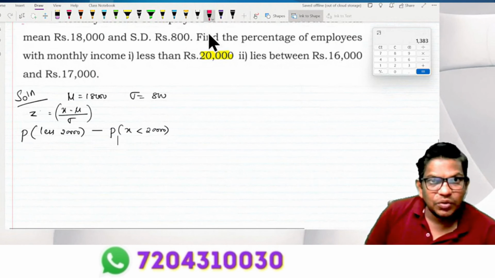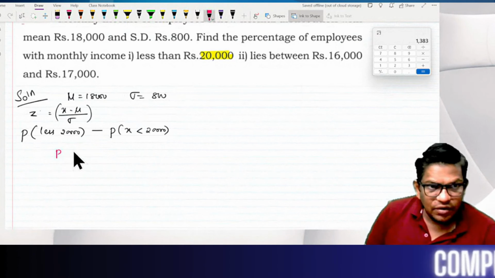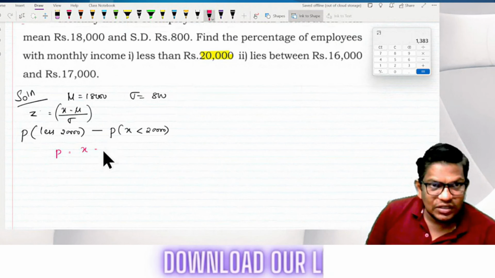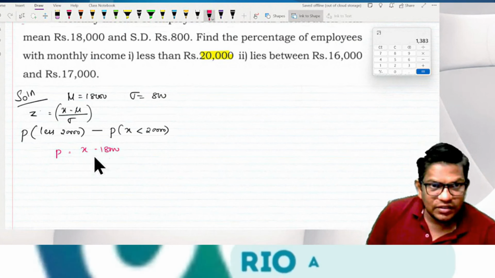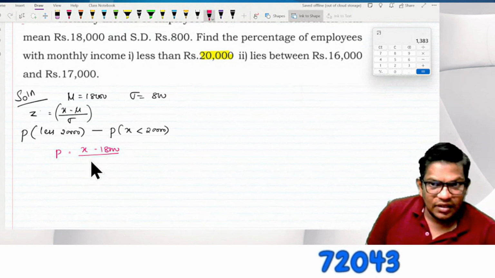Tell me, this is X we have, correct? So Z is X minus mu, 18,000, divided by 800.